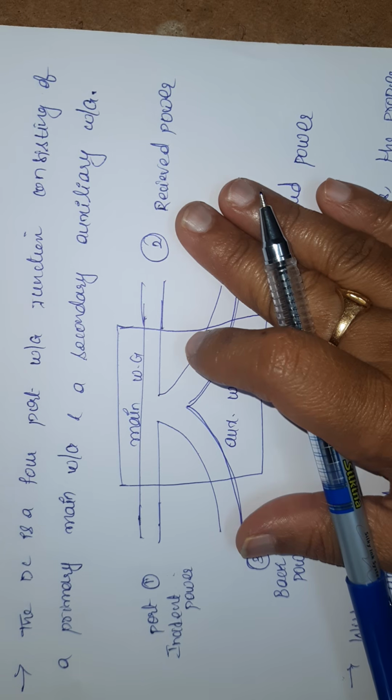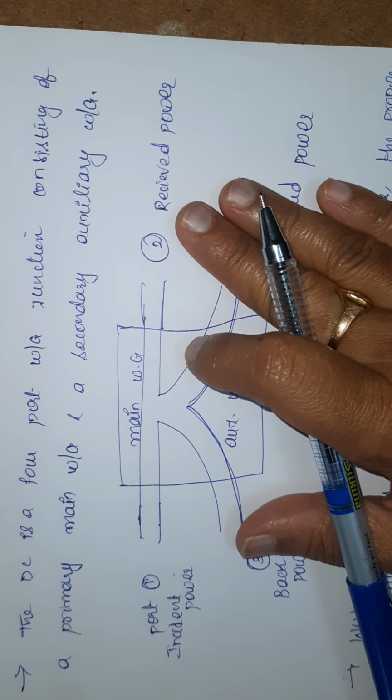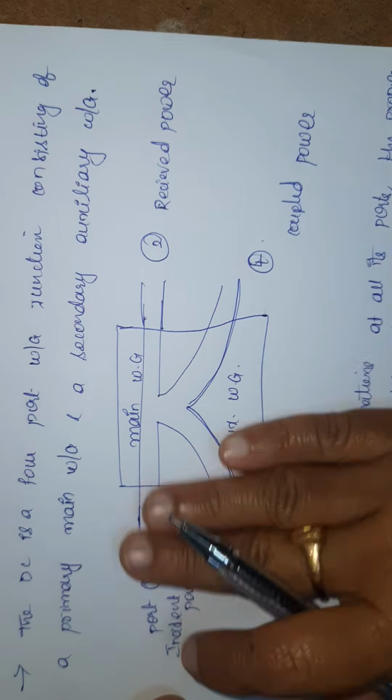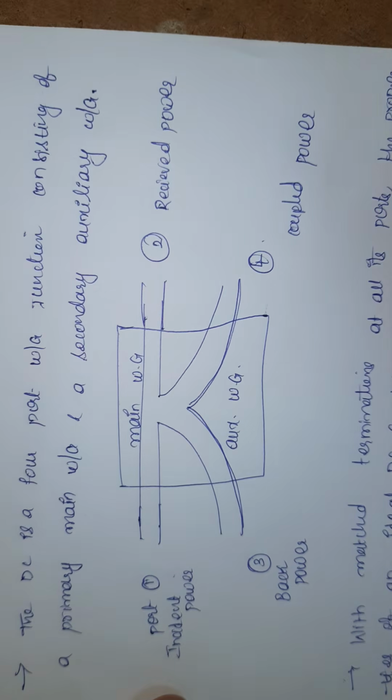If the port has impedance equal to the characteristic impedance, there is no reflected power. Whatever power comes from the source side is fully accepted by the port. So by assuming that all four ports are perfectly matched, the directional coupler has some properties.